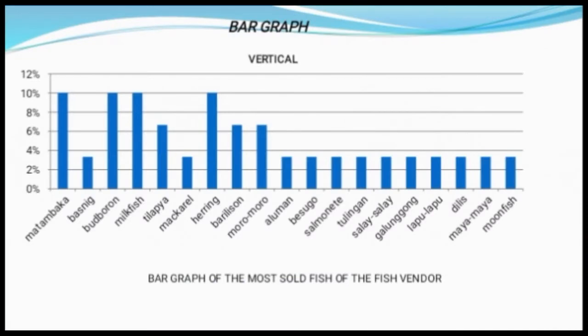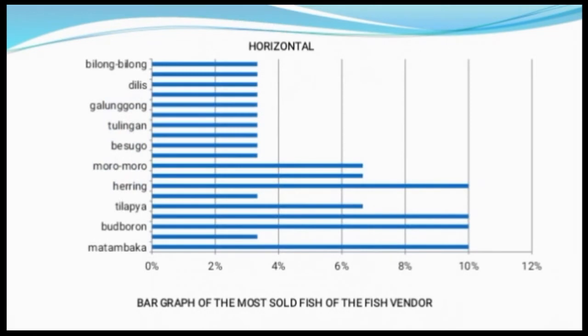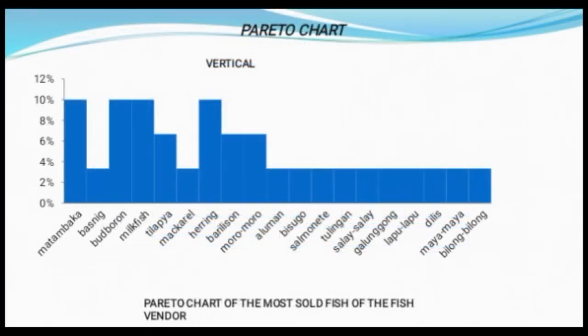So this is the graph of qualitative distribution. In the bar graph, we have two types, the vertical and horizontal. We base the x-axis on the class and the y-axis on the percentage. We also have the Pareto chart in our qualitative.